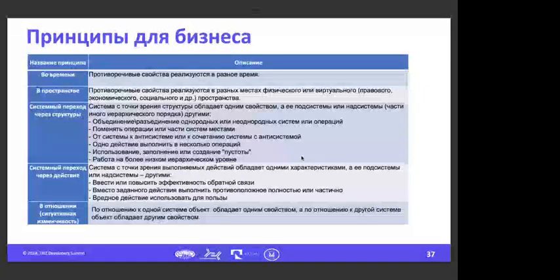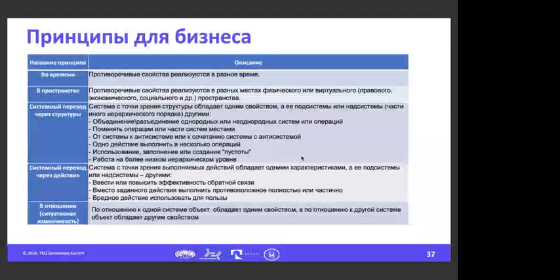So in the consequent way, we reviewed the principles for business, methods for business. Our universal principles are still the resolution of the contradiction in space and time, because it can be really comparable with social and technical systems.